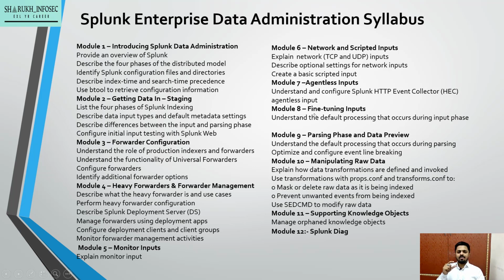Then we will be understanding some fine-tuning concepts in module 8. Then in module 9, we are going to see some parsing, how the data gets parsed, how the lines get broken and all. Then in manipulating raw data, we are going to see how to mask the data, how to manipulate it, and how to delete it. Then supporting knowledge objects, so we'll be understanding what an orphan knowledge object is and what it looks like. And in the last, the Splunk diag.